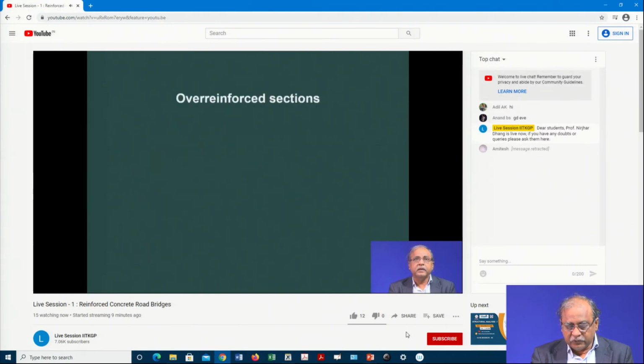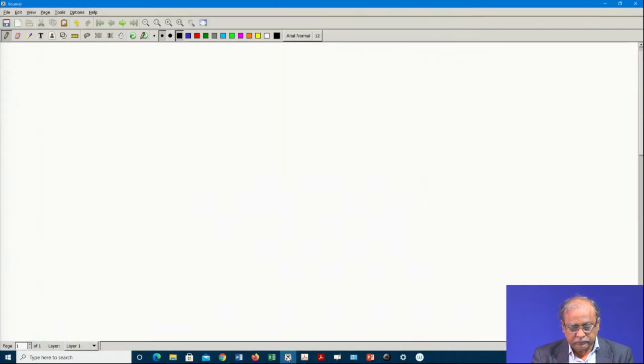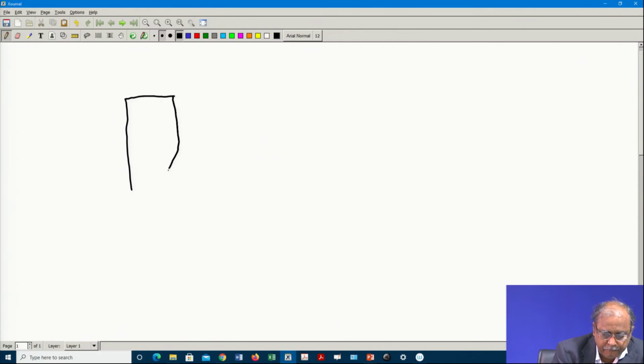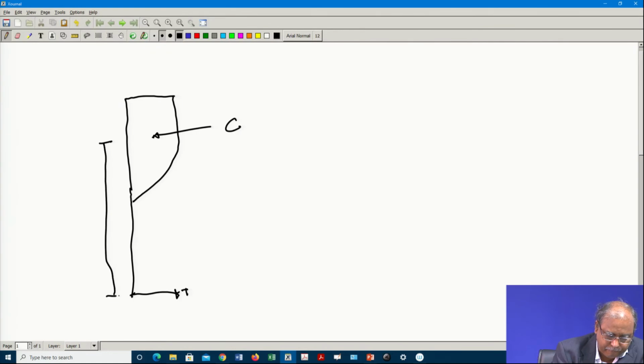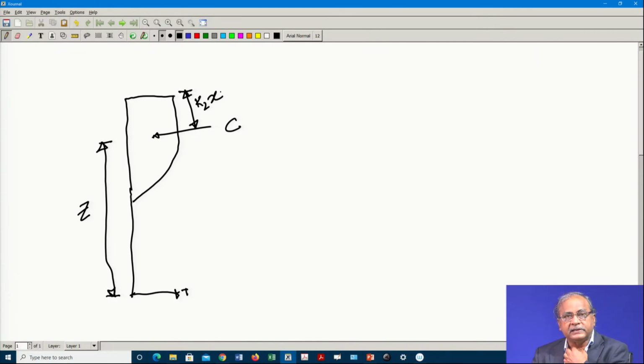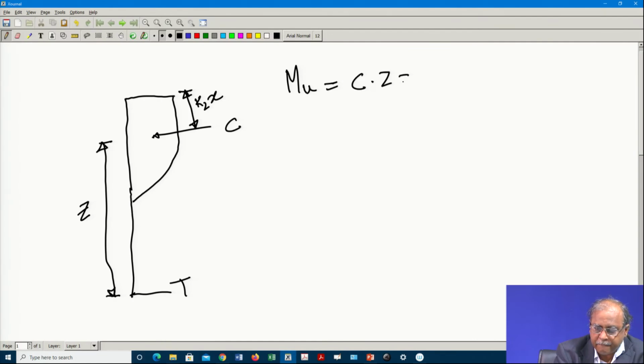Now, what I would like to show, so we know, we are getting this value k2 x and then this is T, and obviously we can find out M, say Mu, any one of them will do.